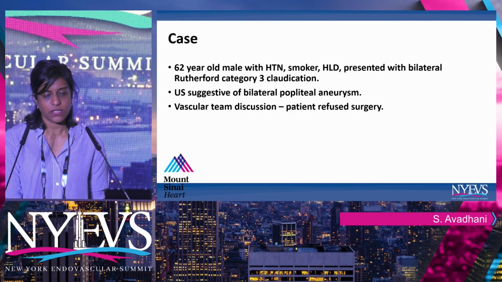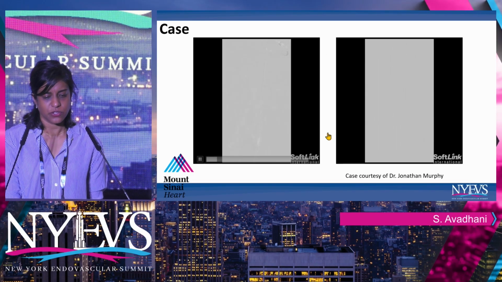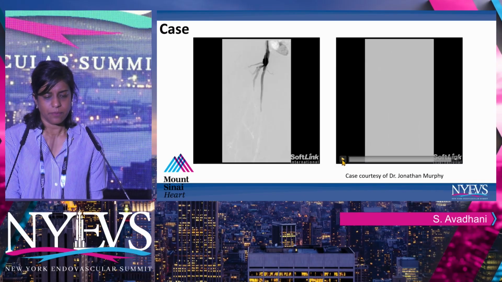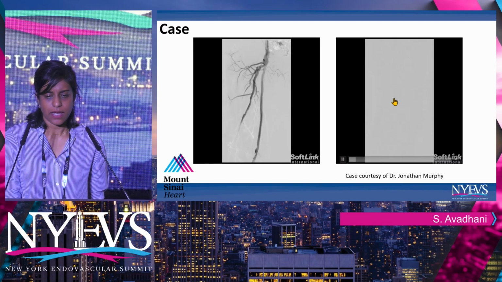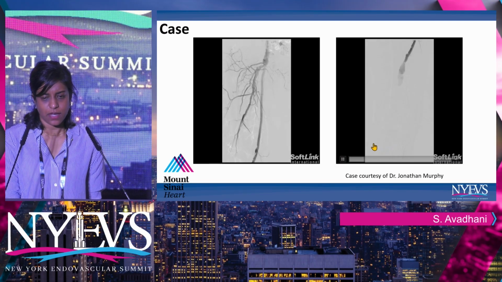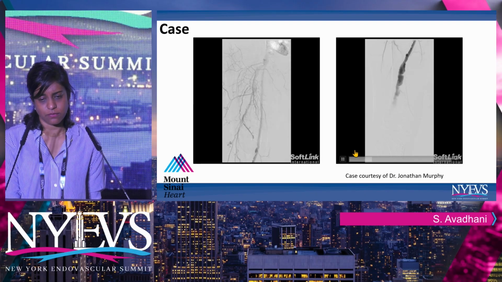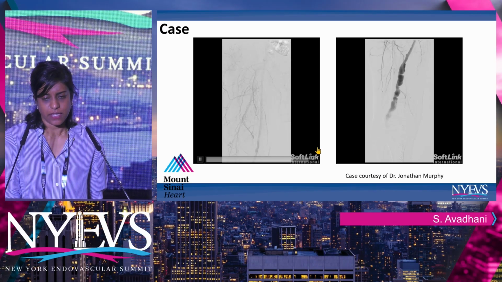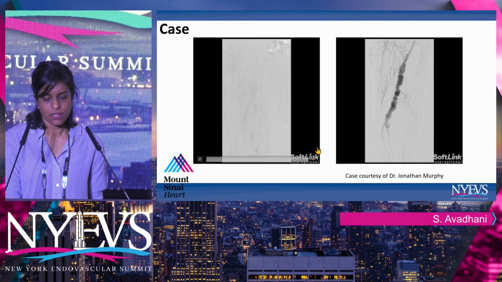Just to go over, this was a case we did during fellowship of a popliteal aneurysm, a distal SFA, where IVUS came in very helpful. I'll just play the angio so you can see it.